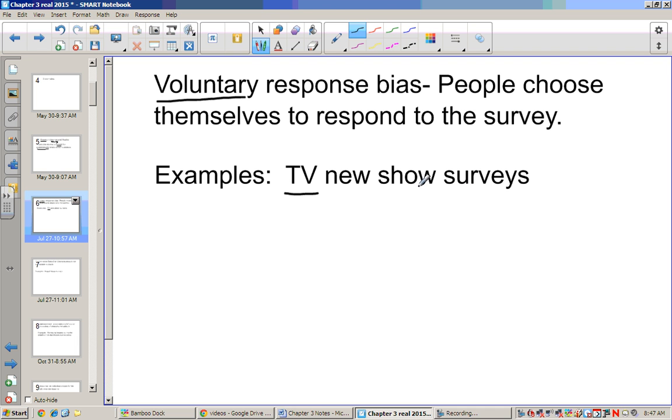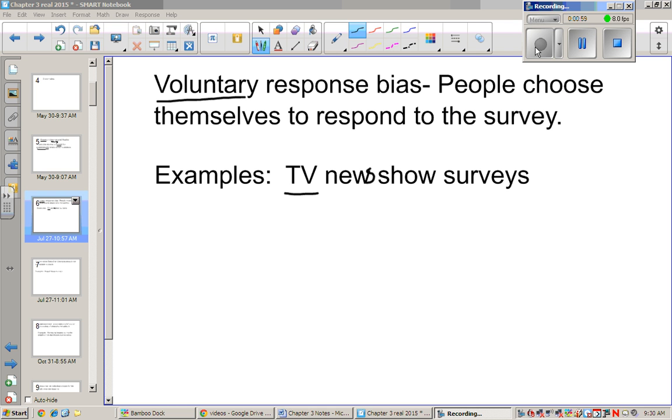One example of this is TV news shows. For instance, on MSNBC or maybe Fox Network, Bill O'Reilly shows, something like that, you can see that people ask a poll, whether it's online or telephone call-ins, and they might ask about how you perceive Obama's presidency.